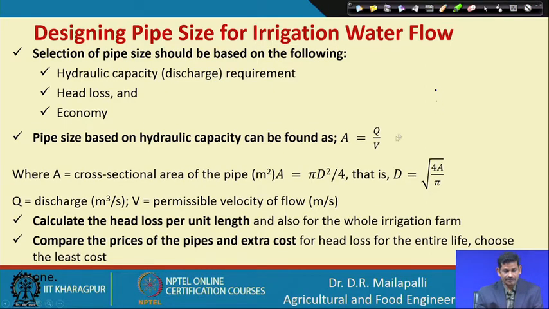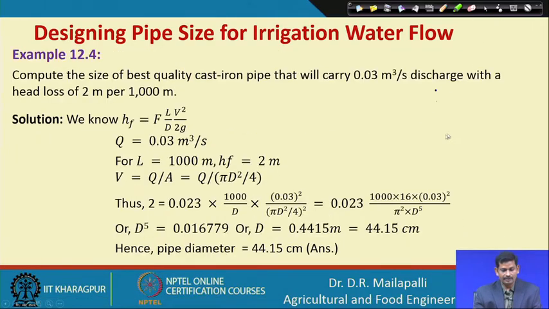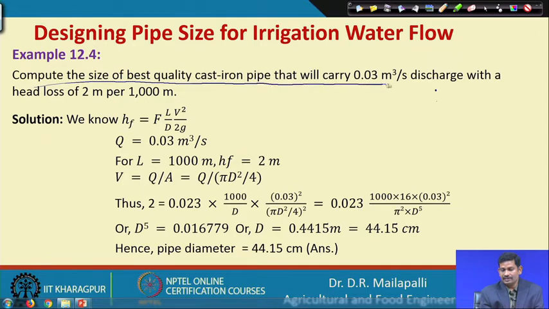Yeah, so here is an example of finding the size of the pipe. Compute the size of best quality cast iron pipe that will carry this discharge with head loss of 2 meters per 1000 meters. So, use the same equation.